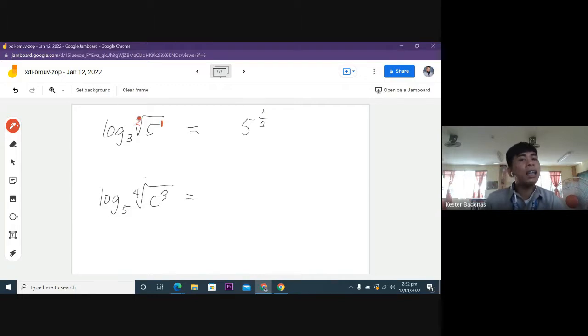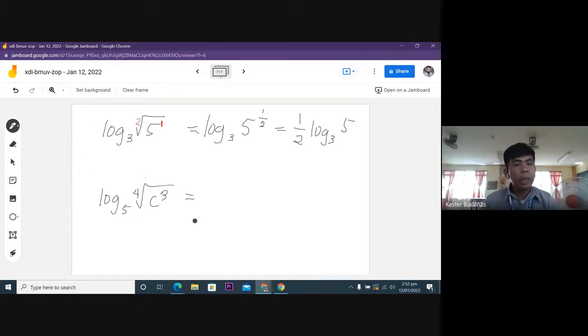Yung number sa index ng radical sign, yun po yung denominator ng ating exponent. Now, if we have square root of 5, that is equivalent to logarithm of 5 raised to 1/2 with a base 3. If we are going to apply power rule here, it will become 1/2 of logarithm of 5 with a base 3. Ganyan po siya.